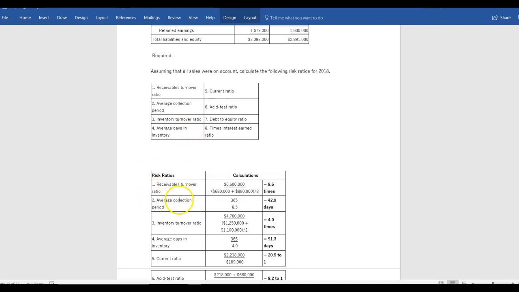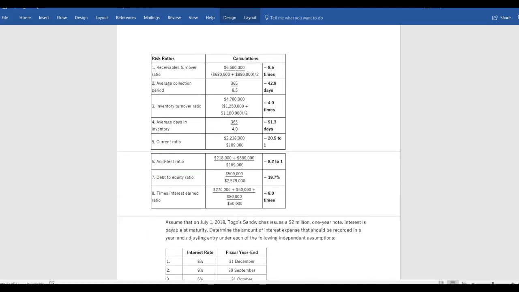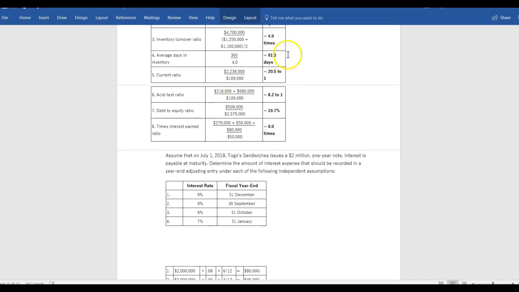Or it could be the average collection period, inventory turnover, current ratio, acid test ratio, debt to equity, or times interest earned. You just want to know how to calculate those ratios in order to complete the questions for Chapter 12.